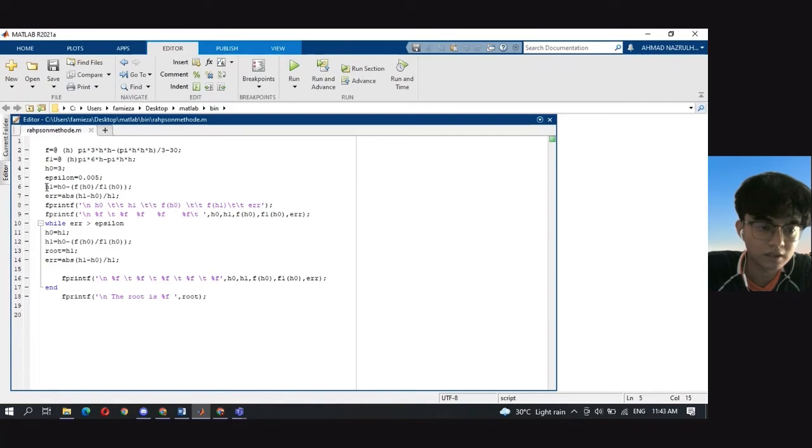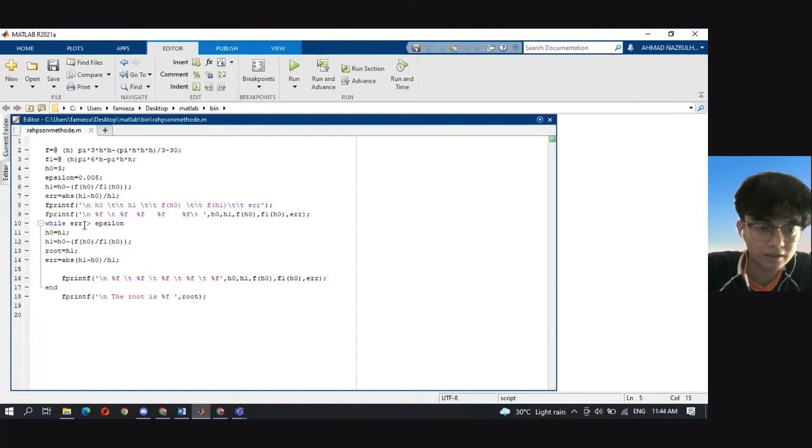In the 6th line, this is how I find the hi plus 1 value, and this is how I calculate the error, where the value is h1 minus h0 over h1. It will print all the values of h0, h1, f of h0, f1 of h0 and the error.